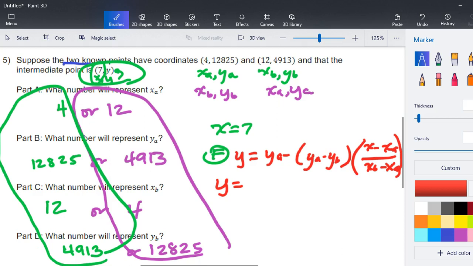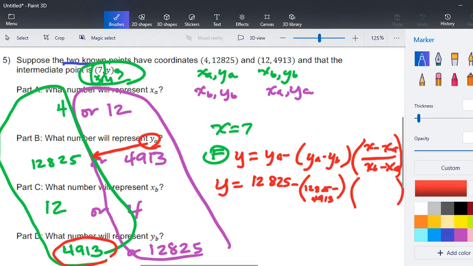So using the numbers that I have selected, I'm going to say that my Y is, and always write down your formula. What is my Y sub A? Well, here's my Y sub A. I'm going to use the 12825 minus Y sub B, and that's going to be the number down here, minus 4913.